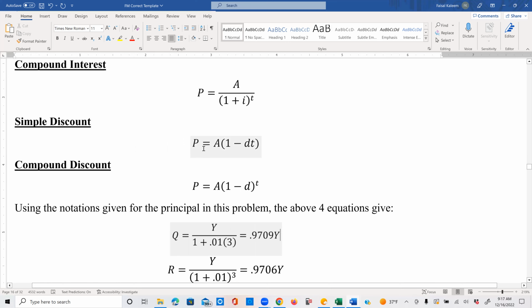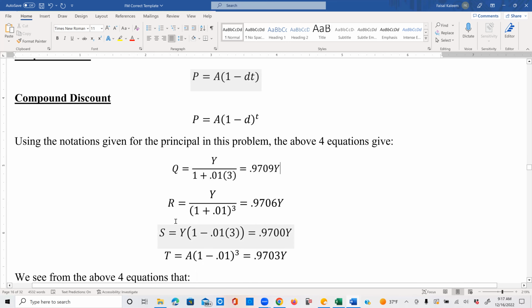And in the simple discount case, we were given that the investment is S. So S is equal to Y times (1 minus 0.01 times 3). And that comes out to be 0.97Y. And then in the compound discount case, we were given the investment to be T. And so T is equal to Y times (1 minus 0.01) cubed, equals 0.9703Y.